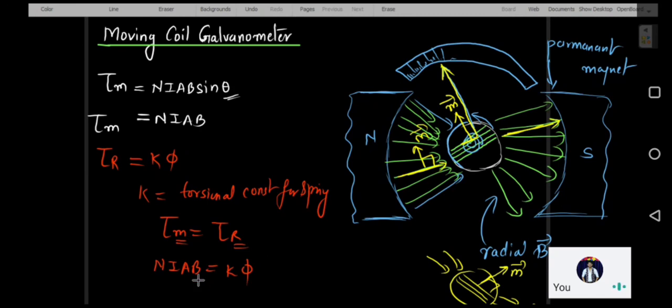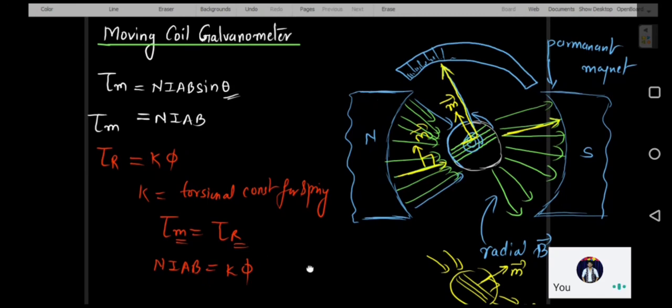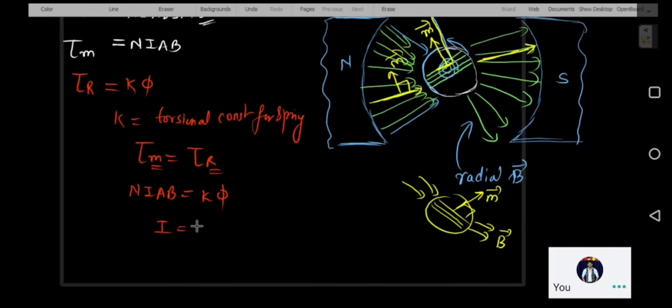From here you get I equal to K upon NAB multiplied by phi. So I is equal to the torsional constant divided by the number of turns multiplied by the area of the coil multiplied by the magnetic field, times the deflection, the angular displacement.